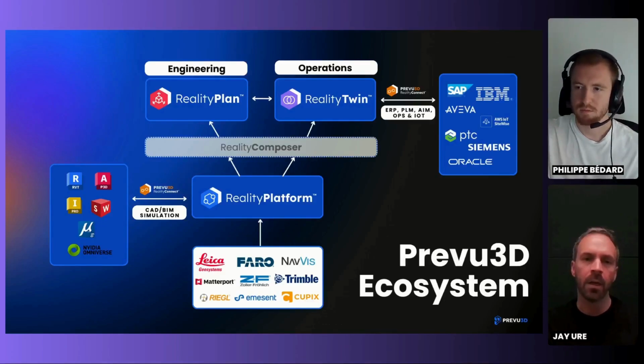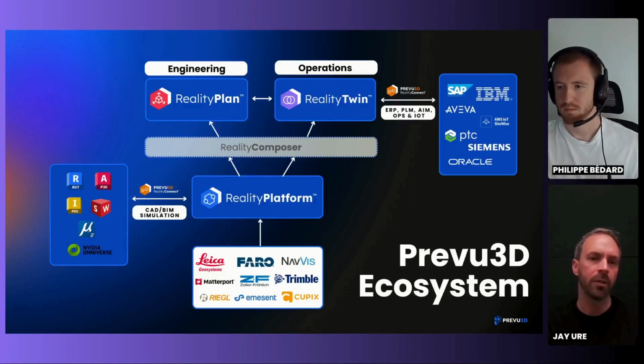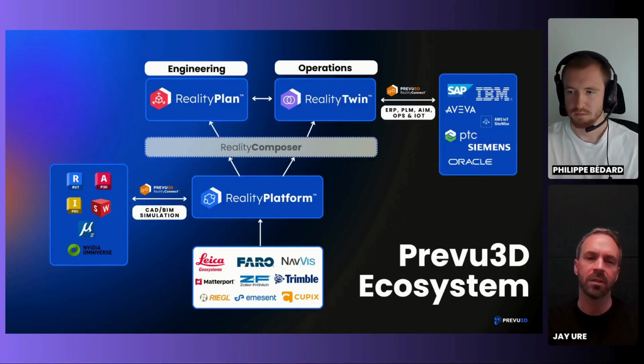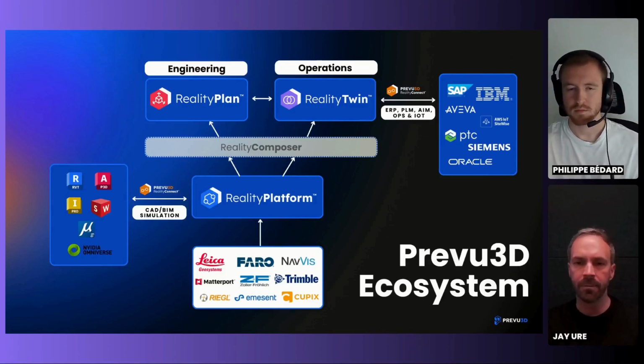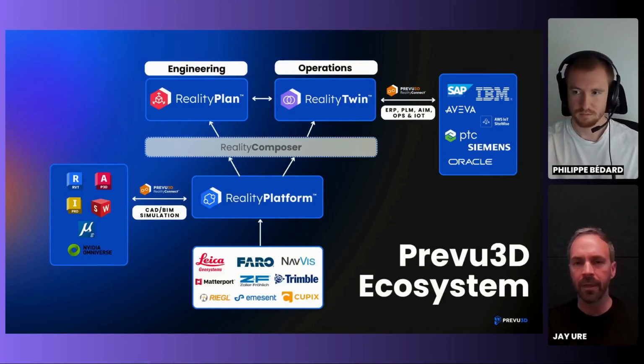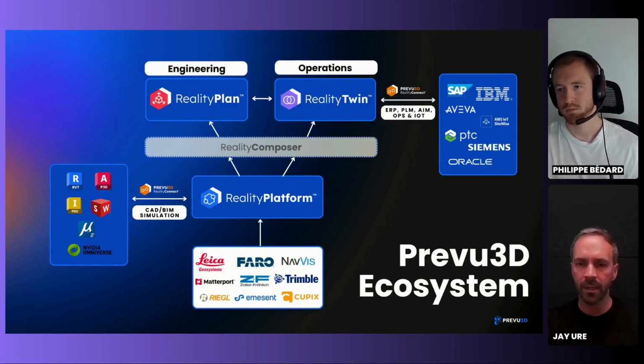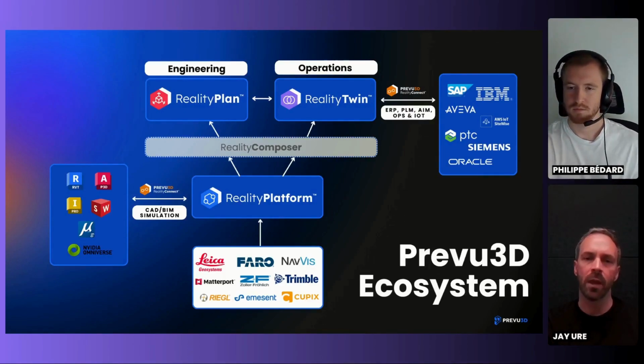Then you can push that data directly to the RealityTwin or to Reality Plan. Reality Plan is where you do your design layouts, your engineering workflows, your design charrettes, your individual concepts. And the RealityTwin is where you align or aggregate all of your mesh data that is generating that project. And from the twin, you can also push it down to Reality Plan. So there's a lot of interoperability within our ecosystem.